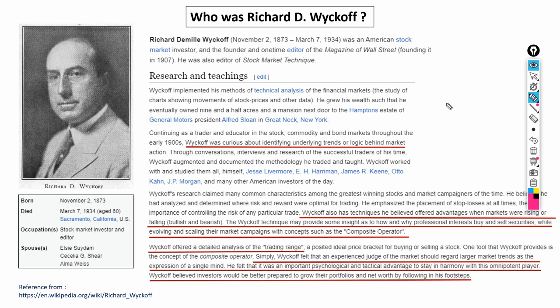Wyckoff was also an avid student of the market as well as an active tape reader. Okay, so what exactly is tape reading? We are going to see this in the next slide, what exactly we mean by tape reading.